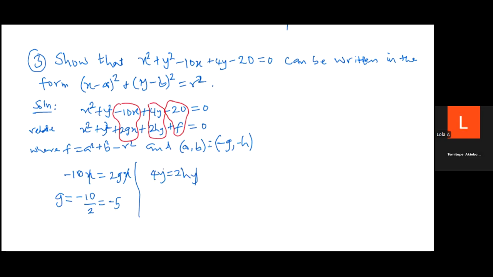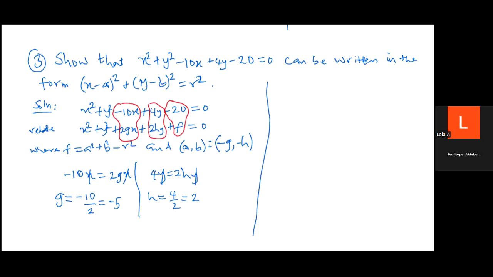Then you have h equals 4 over 2, which is 2. So we have determined the value of h. Am I communicating? Are you with me? Yes, I'm with you. Okay.